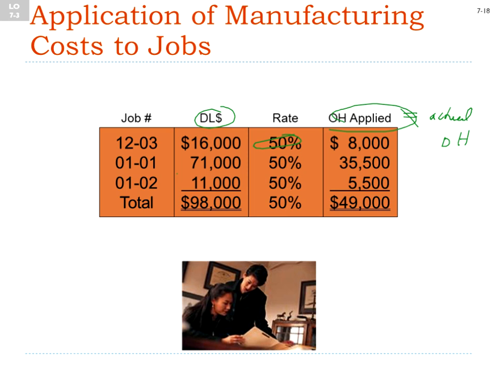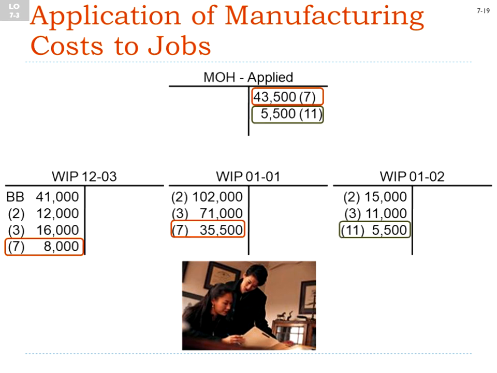So this job shows that $8,000 is going to be applied to job 1203, then $35,500 to job 101, and then $5,500 to job 102. So then you look at the key accounts, and it shows exactly what we just mentioned.